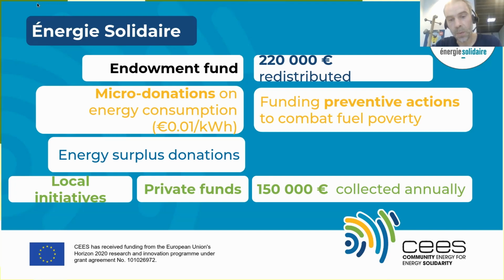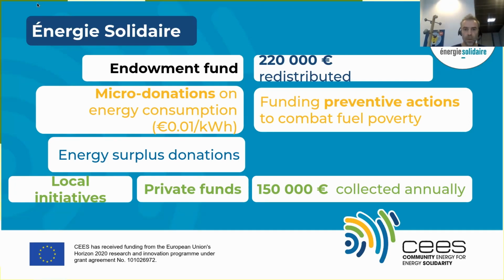And what we do is we organize a call for projects each year that is towards all the associations that work on energy poverty alleviation. And we redistribute this money accordingly regarding the quality of the programs and the impact of the program they wish to be partners with Énergie Solidaire.